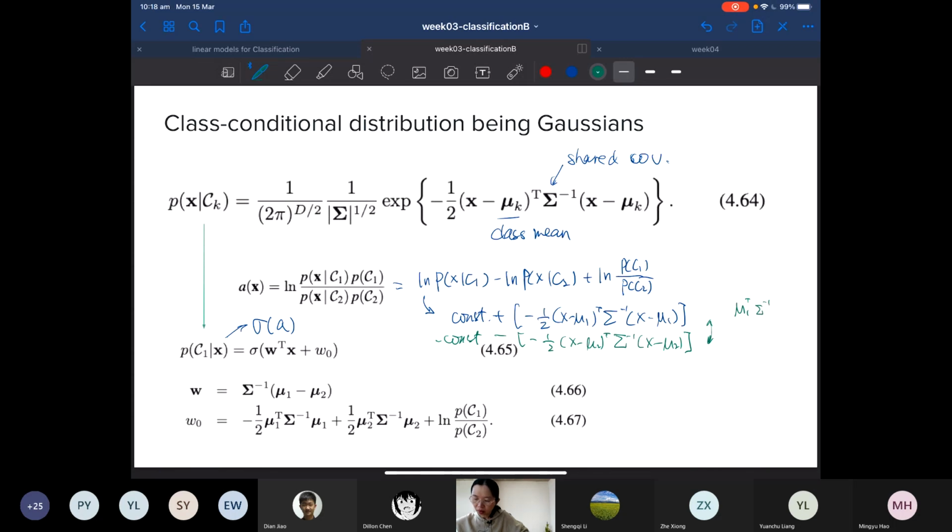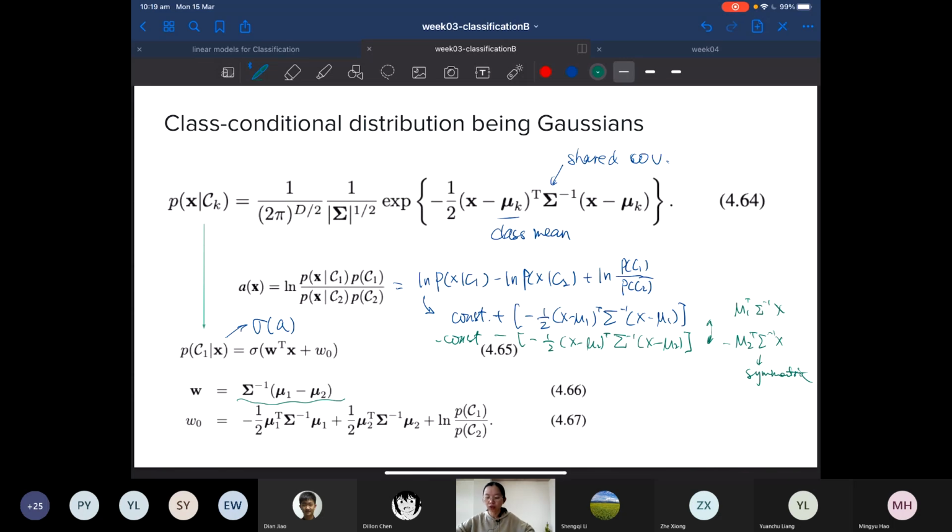And the term below is mu2 transpose sigma inverse x. If you combine these, they have opposite signs, and you get the expression below. Sigma is symmetric, so sigma inverse and sigma inverse transpose are the same matrix.